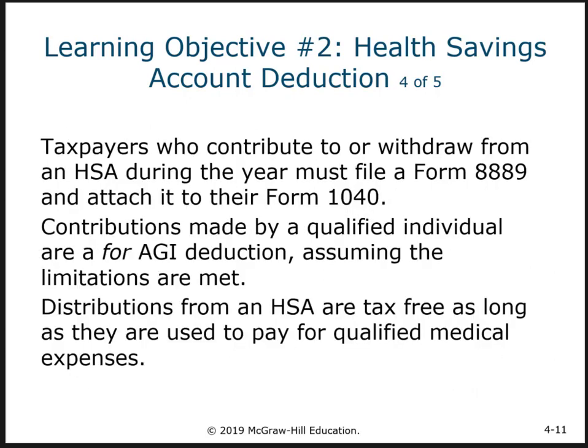If you pull money out or put money into this health savings account, then you should get a Form 8889, which you must file. You're going to get a report, a 1099, from the keeper of the plan.